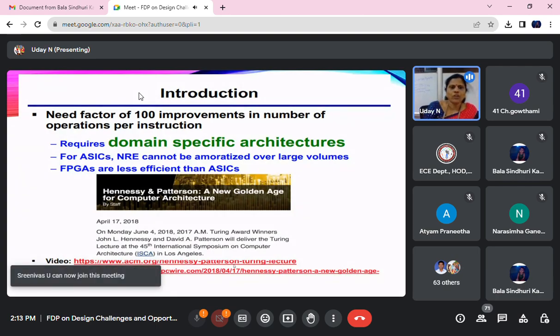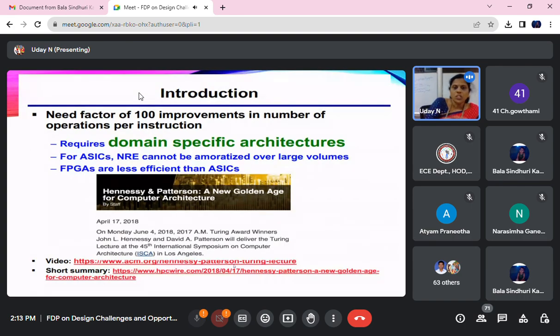If you want to know more about the importance of this 100x improvement in operations per instruction, which is possible through domain-specific architectures, the best lecture I have gone through in this domain is by Hennessy and Patterson. They gave this lecture on April 17, 2018, with the title of the presentation being A New Golden Age for Computer Architecture. It's available on YouTube also.